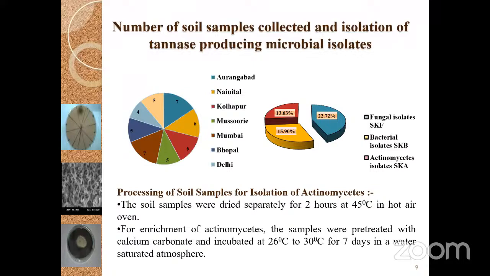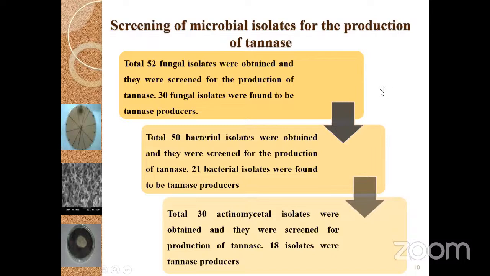We collected a number of soil samples for the isolation of organisms which are tannase producers. 13.63% actinomycetal isolates, 22.72% fungal isolates, and 15.90% bacterial isolates were obtained for this tannase production. And the screening was done accordingly.